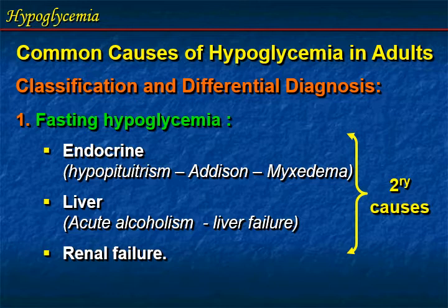The other secondary causes of fasting hypoglycemia include liver affection or renal affection.